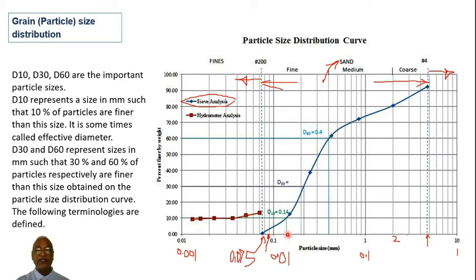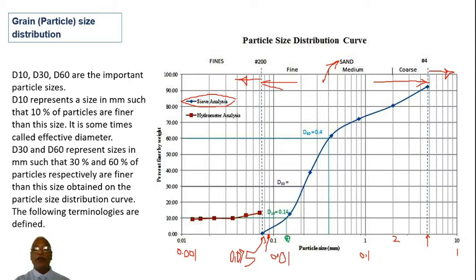Roughly I can tell, if this is 0.1 and this is 0.2, I can say this is 0.15. They have given here 0.14. So D10 is equal to 0.14 mm.